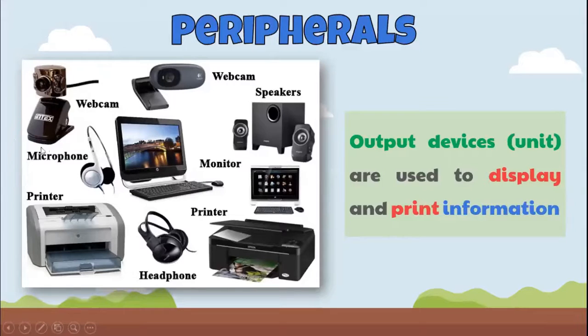If you want to use online or to record your video, you can use the webcam like this. And the speakers, you know, to listen like the headphones. And the monitor is the very famous output device, as you see here. Let's go to the next one.